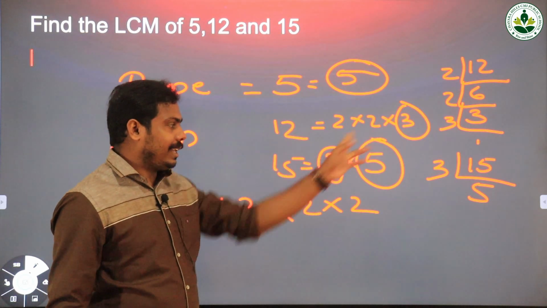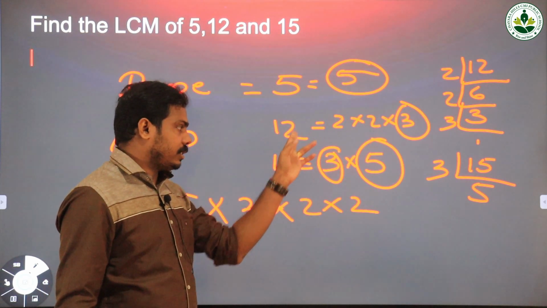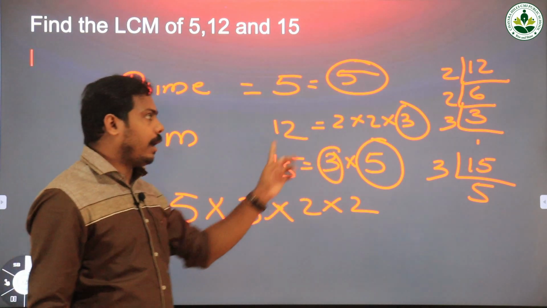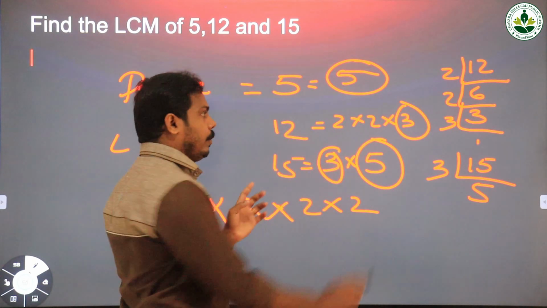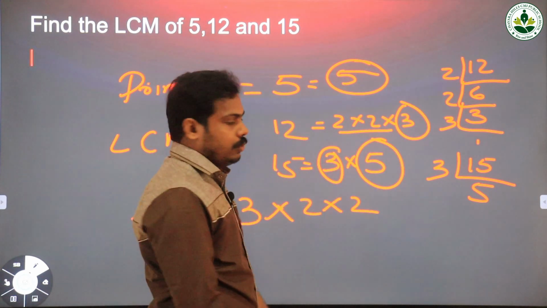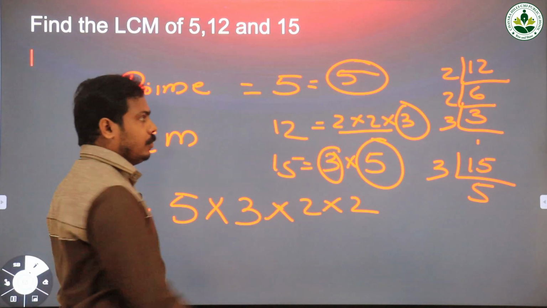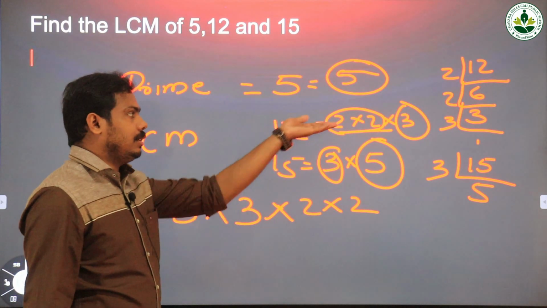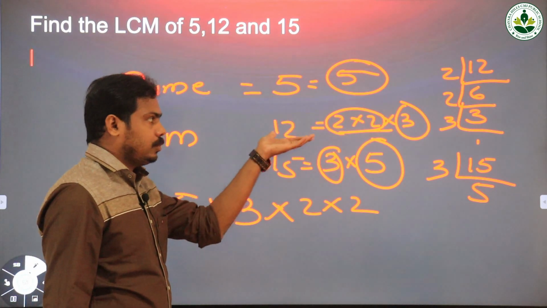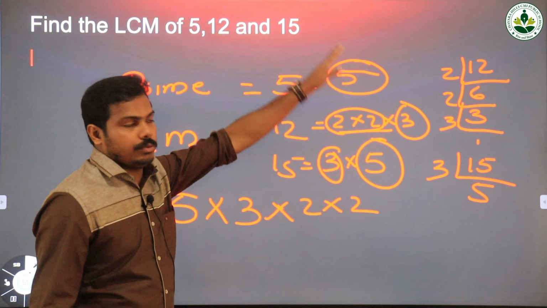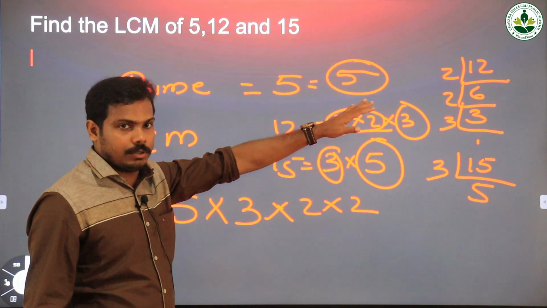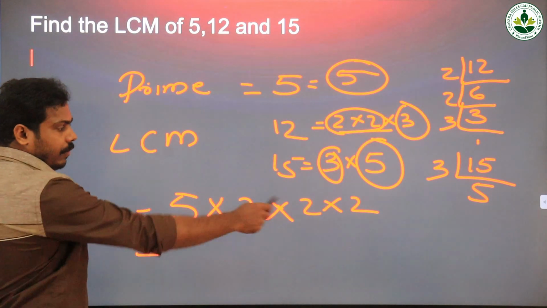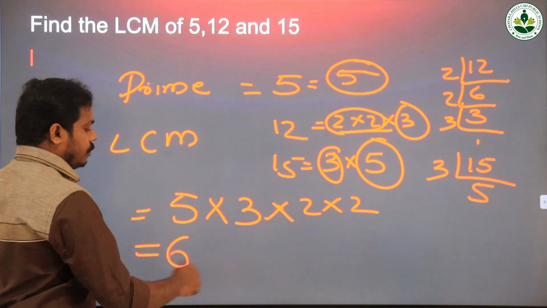Next we can see 3 is in 12's factorization and 15's prime factorization, so we take 1 three from that. The remaining numbers are 2 into 2. We can't take it as a pair because it is in the prime factorization of 12 only, there are no other 2's. So we take these two 2's. Okay, so 5 into 3 is 15, 15 into 2 is 30, 30 into 2 is 60.